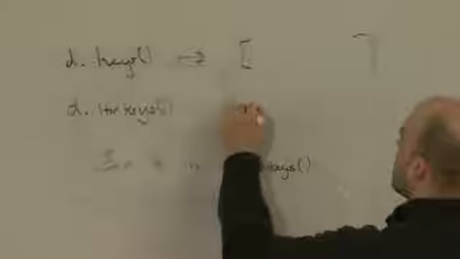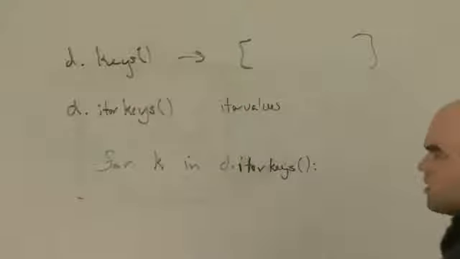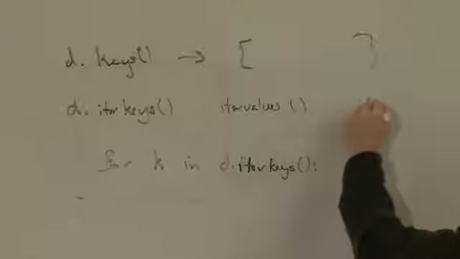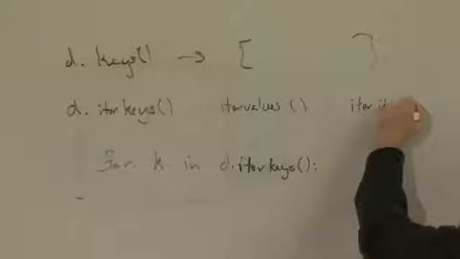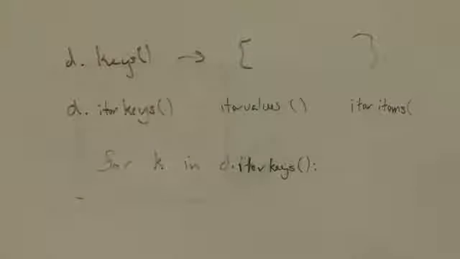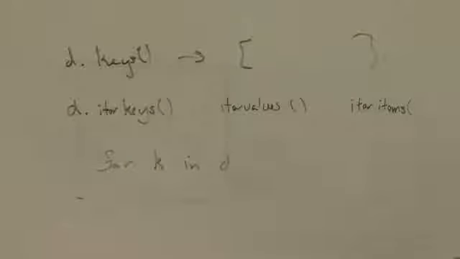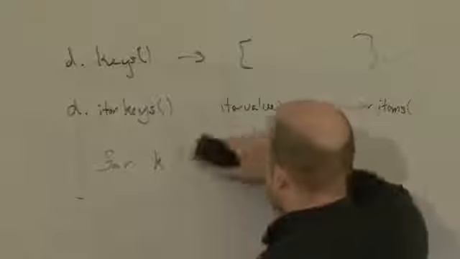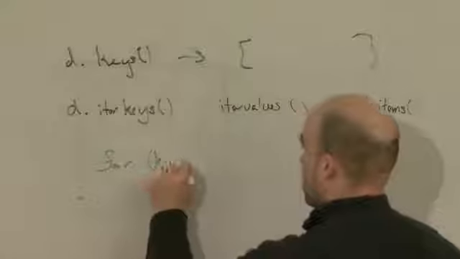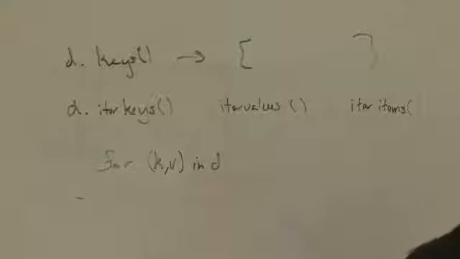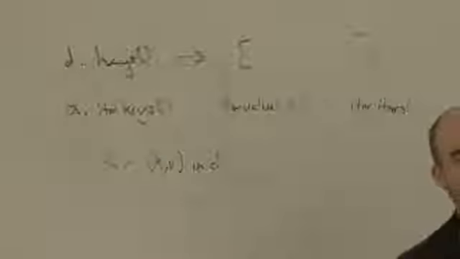And then there's also, I think, itervalues, which goes through each of the values. And then I think there's iteritems. And I think, if I'm not mistaken, if you do something like for k, v in d, this is going to iterate through a tuple that contains the key and the value associated with that key.